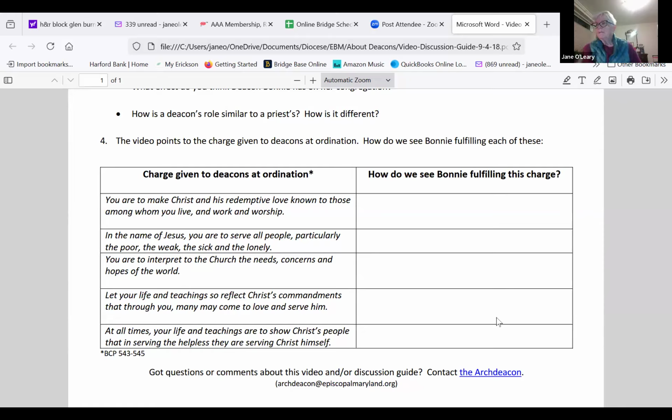I can't think of many where the deacon feels a new call to become a priest. So, but it can happen. It sounds like the priesthood is a lot longer track also, right?